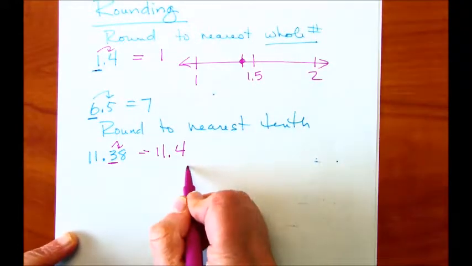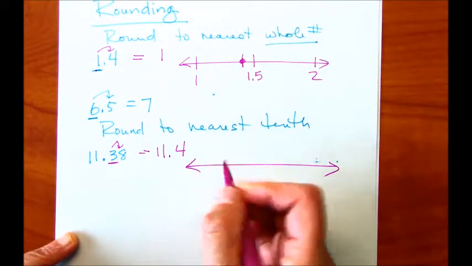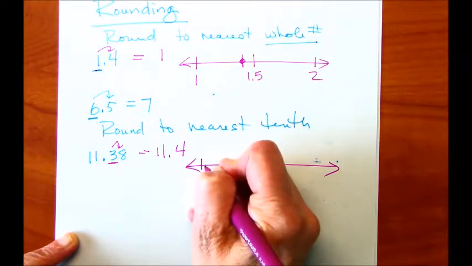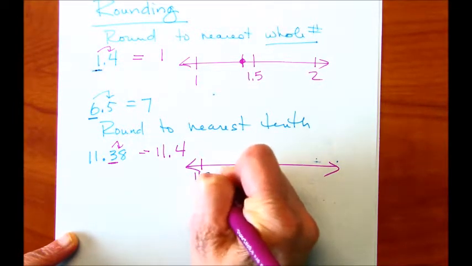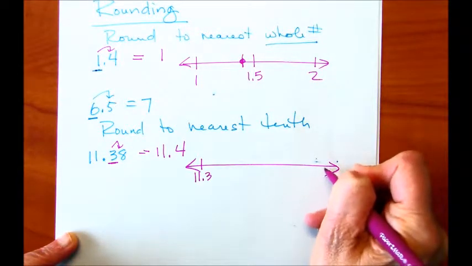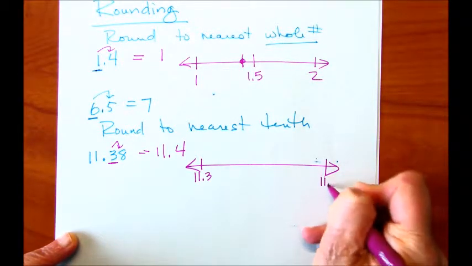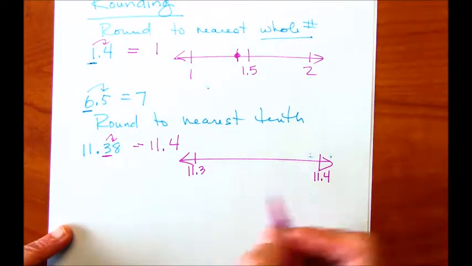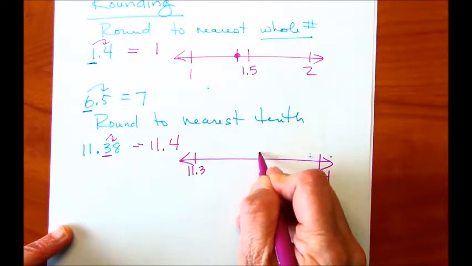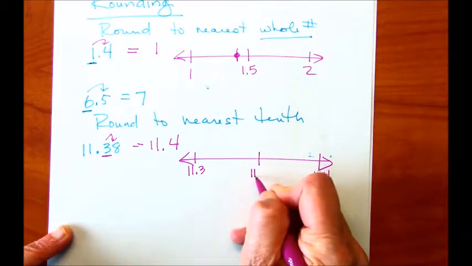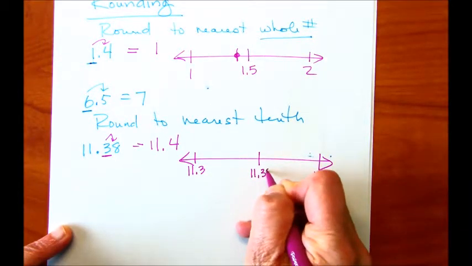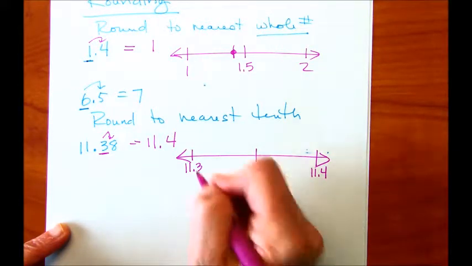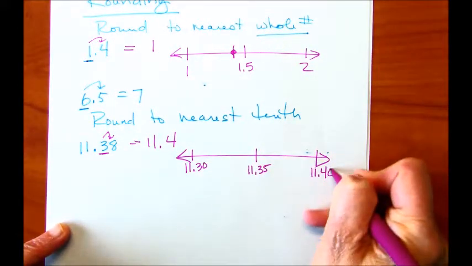And again, if we were going to look at a number line, we've got 11 and 3 tenths and 11 and 4 tenths. And we want to know, let's see, so halfway would be 11 and 35 hundredths, because really this is 30 hundredths and this is 40 hundredths.